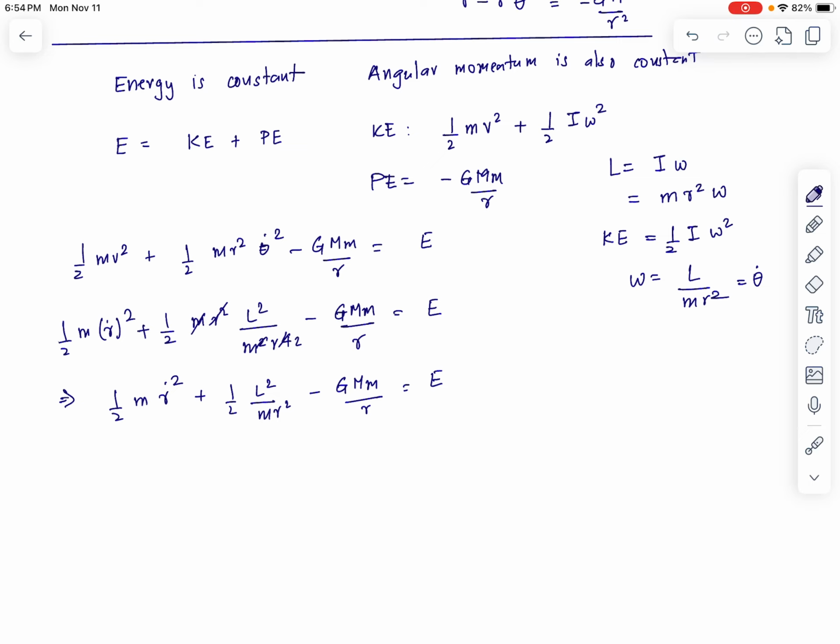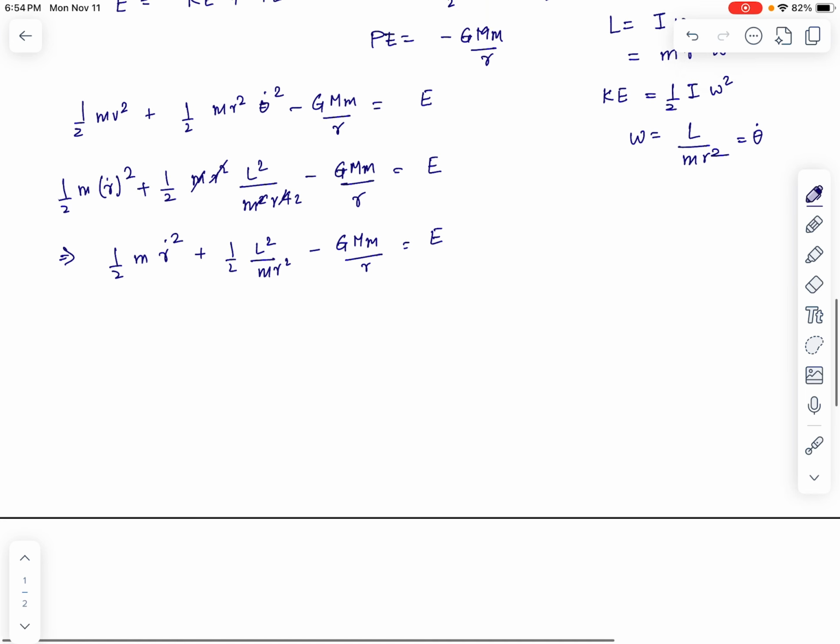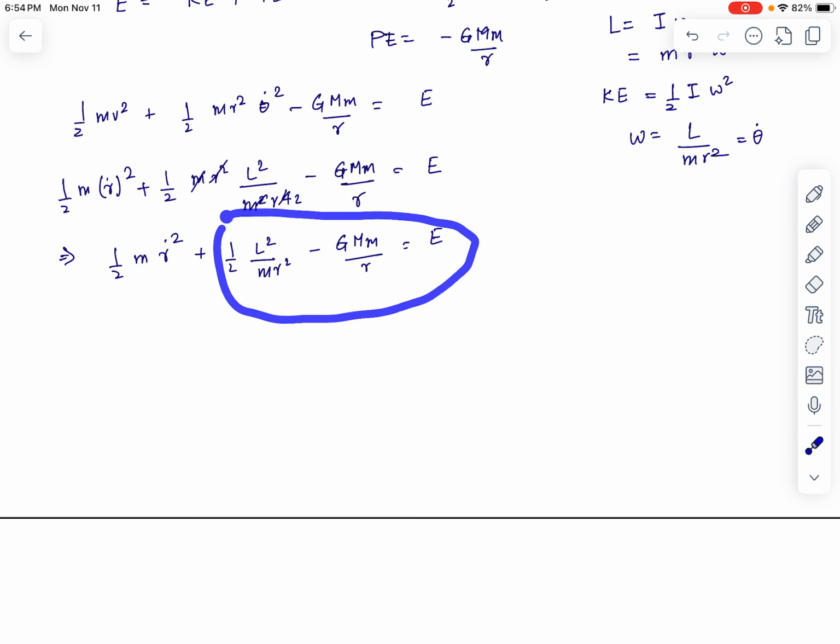So what we get here, okay, is we see that all these are independent of r dot, right?